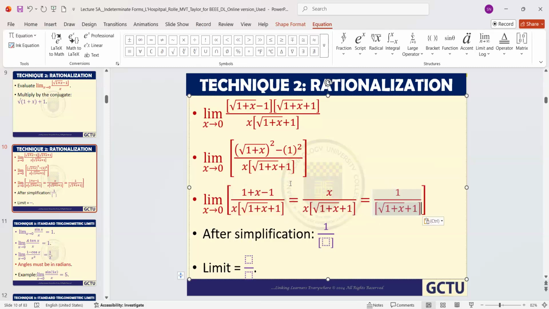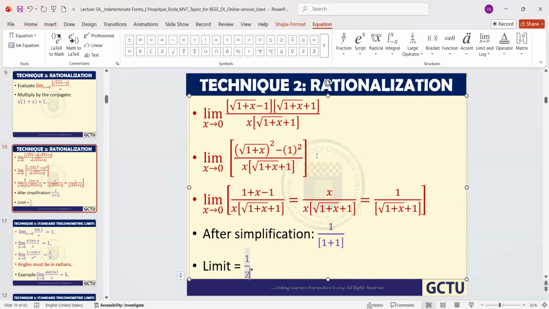Okay, so now if you substitute x is equal to 0, then the numerator will be 1 and the denominator will be 1 plus 0. Okay, we are doing it together. So we are getting the square root of, if I place 0 here, the square root of 1. And the square root of 1 is 1. So you end up getting 1 plus 1. So finally, this answer will give you 1 over 2.